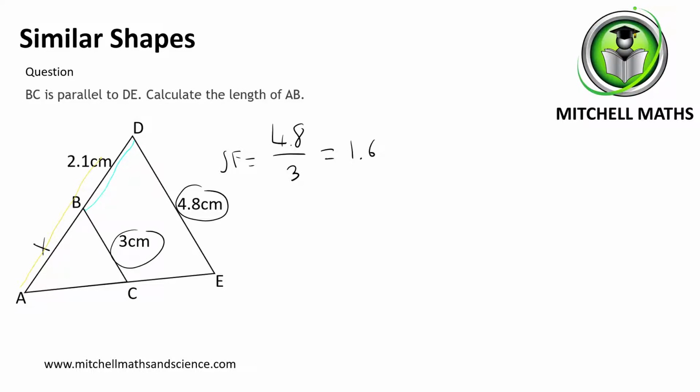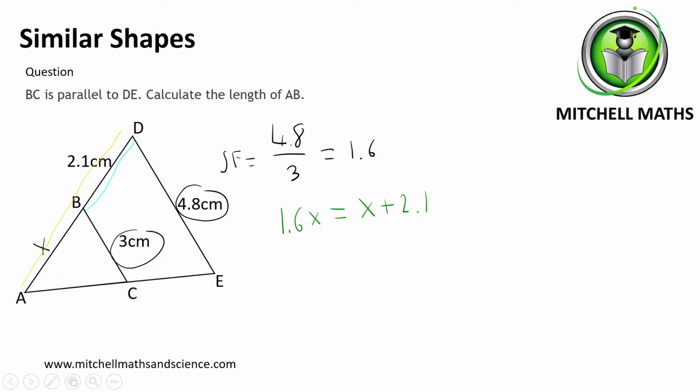So A to D is this side here, right from A to D. We know that A to D is equal to 1.6 multiplied by X. Another way I could work out A to D is X plus 2.1, because if I add those two sides together, that would also be equal to A to D. So 1.6x is equal to X plus 2.1.